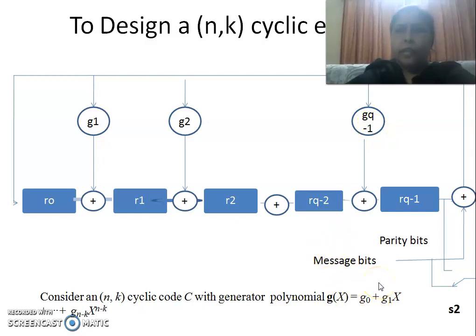The message bits are first transmitted one by one serially, and after transmitting the message bits, we will be transmitting the parity bits or check bits by using the switch S2. The switch S1 is used to do the feedback connection during the transmission of message bits.